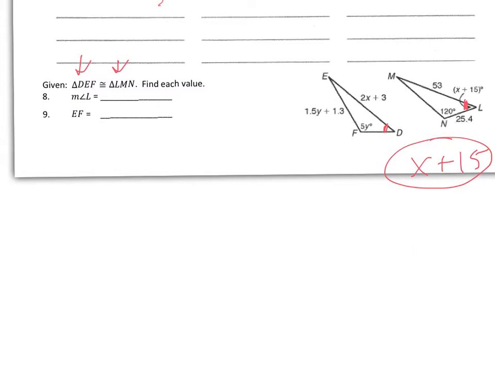Well, if I look at my triangle, I notice that ED is 2x plus 3. Its corresponding segment is this one, LM. They're congruent, its length is 53, it's not degrees, it's not an angle. So we're going to solve for x by saying 2x plus 3 equals 53, and then solve for x.